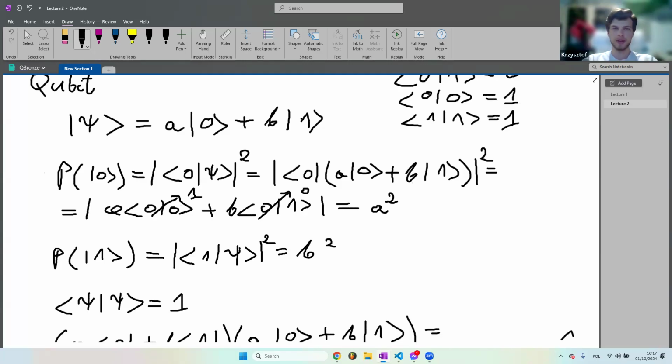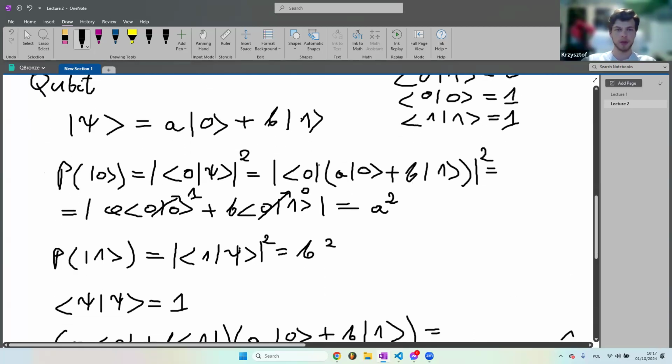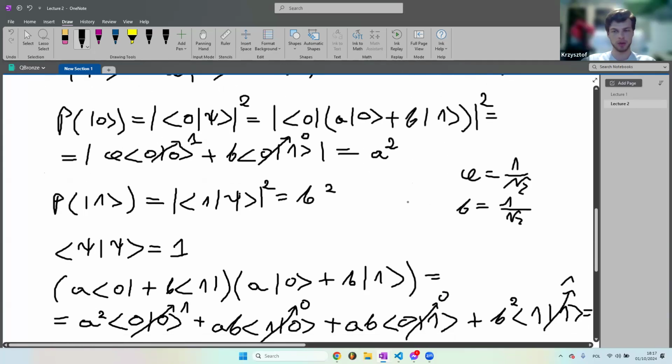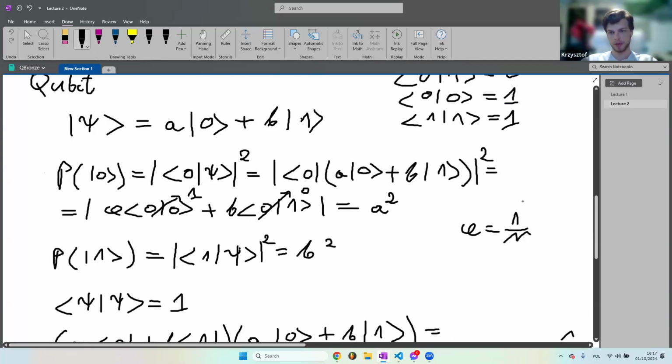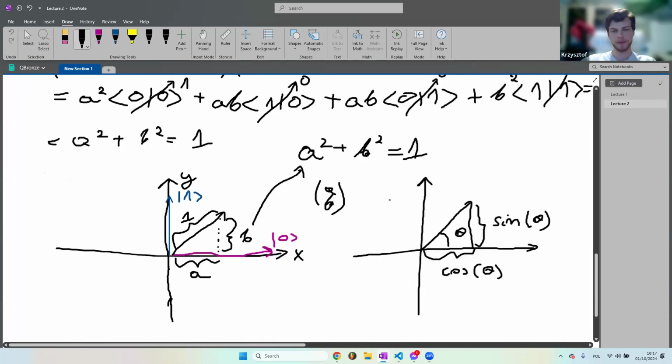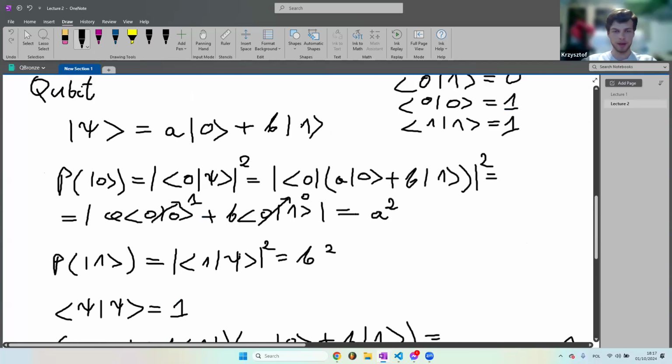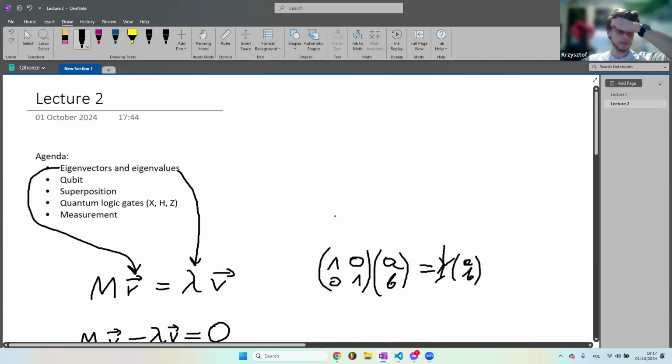It's very analogous to qubits. You can say that the qubit may be in a superposition of being 0 and 1 at the same time. If, for example, you take a to be 1 over square root of 2 and b to be also 1 over square root of 2, then a squared and b squared equal 1 over 2. So we have a 50-50% probability of measuring both states.